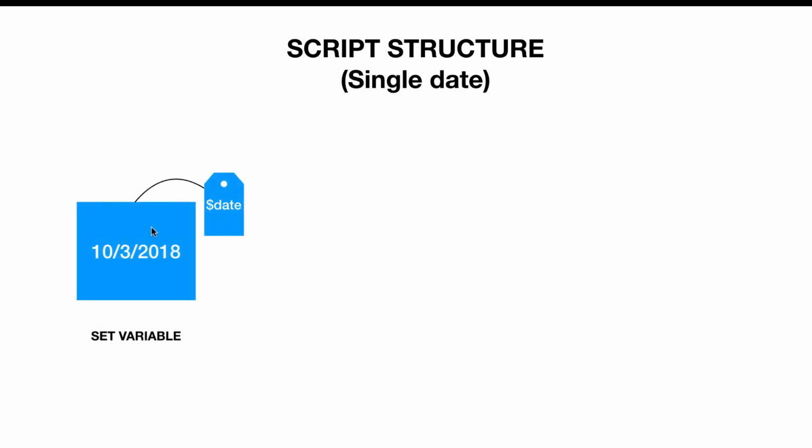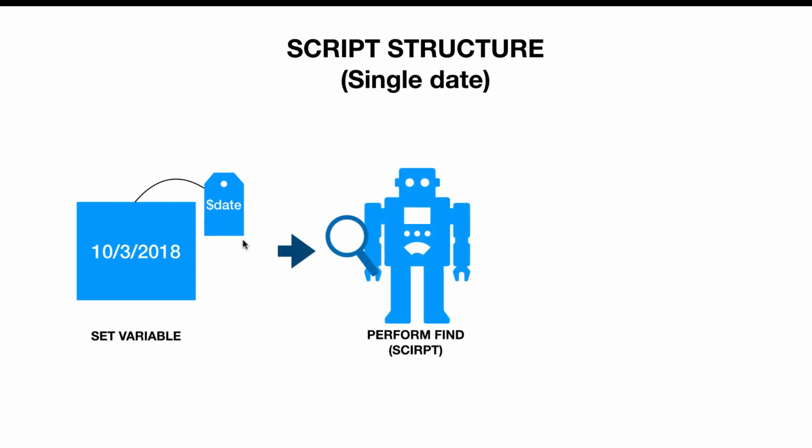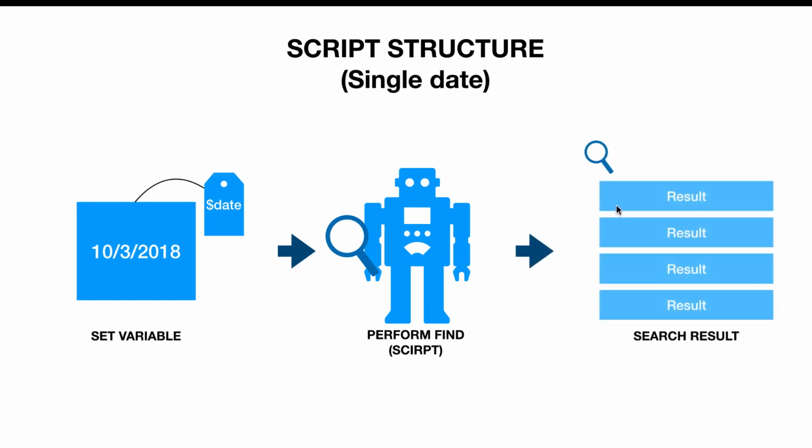Now first, we need to take out the from date and store it inside a variable called, let's call it $date. The next thing you want to do is we want to put this whole variable and give it to this robot here, which is called perform find. He is also a script, and then as a result, he will give us the result of the search that matches the criteria we place in here. So that's the general concept of how this whole thing works.